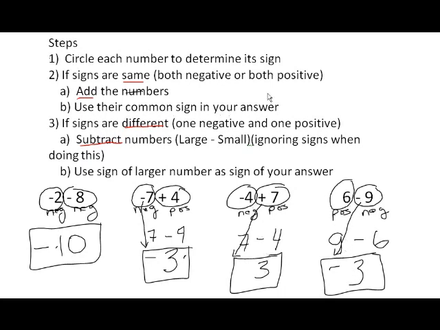Then use the sign of the larger number as the sign of your answer. The larger number here is 7. It's negative, so the answer is negative. The larger number for this problem is 7, positive, so the answer is positive. The larger number, 9, is negative, so the answer is negative.